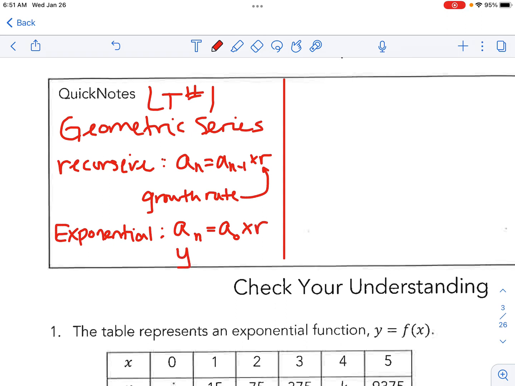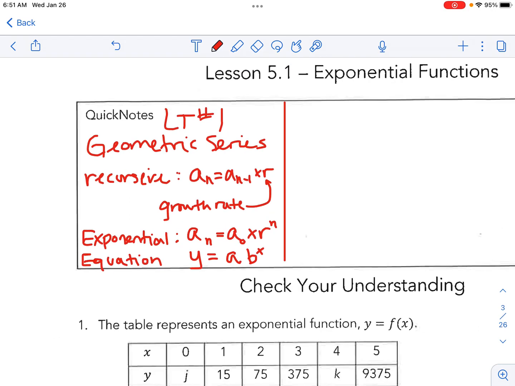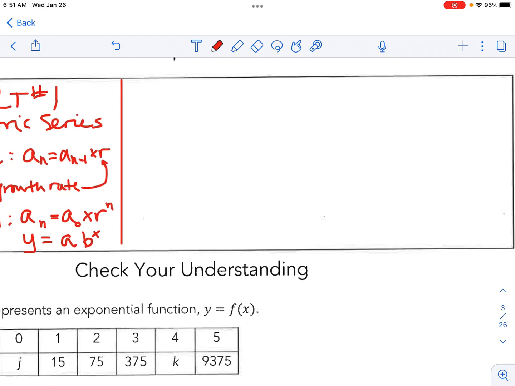And we can write that as an equation as y equals, and when we write it as an equation, we drop that a sub 0, we just call it a, and the rate we call b to the x power. Oops, I forgot the n over here, to the power n. So we can write that as an exponential equation, or we could write it in sequence form, excuse me.